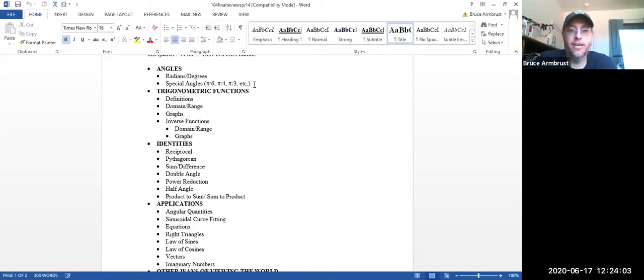In that section on graphs, that's also where we did curve fitting. We gave you data, and then you were able to create a sine or cosine that fit it. So know things like amplitude, period, phase shift, etc. This is another place where you definitely need to show me your work.